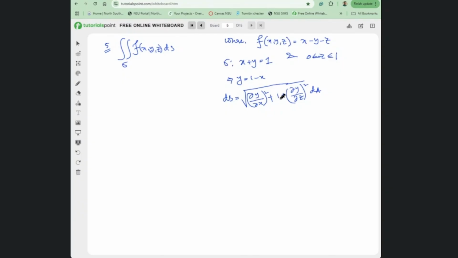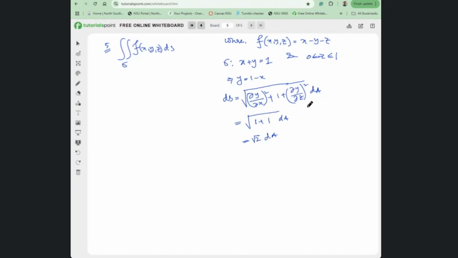So 1 is coming because of the del y by del x square. Here del y by del x is minus 1, minus 1 square is 1. This is 0, plus 1 dA. We can come up with square root of 2 dA only.